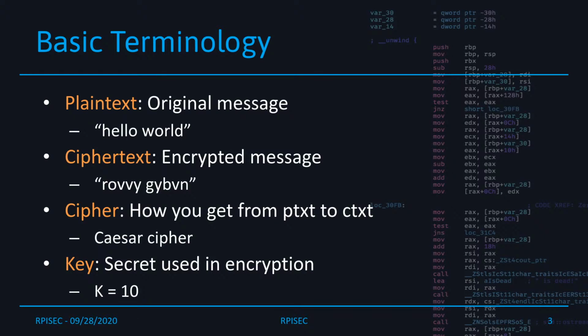And she's going to encrypt that plaintext using a cipher, which is just a method for scrambling or changing the message so that it's unreadable to the naked eye. And that cipher will take as an input the plaintext and a key, and it will produce an encrypted message known as the ciphertext. And the key is usually some sort of number or a string or any other information format that you can use to encrypt.